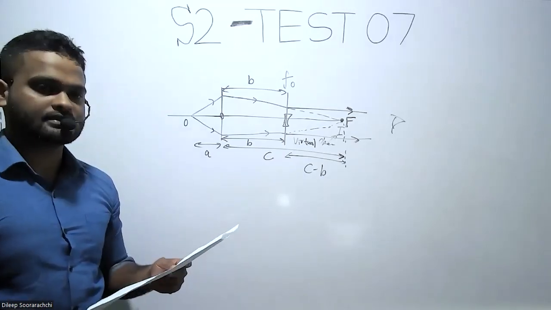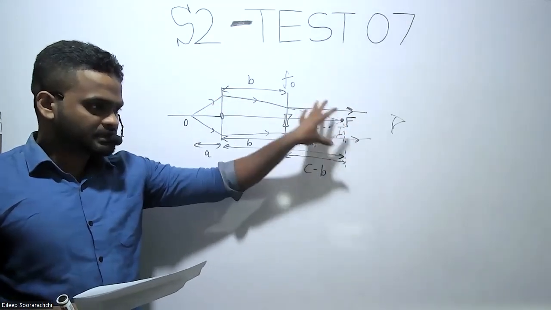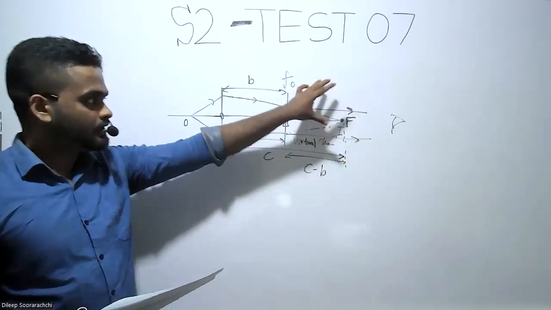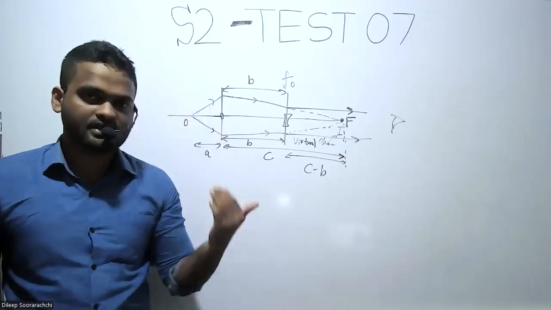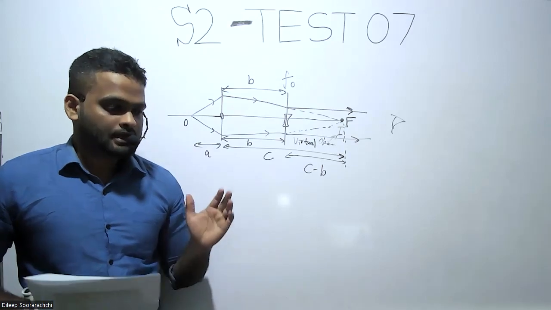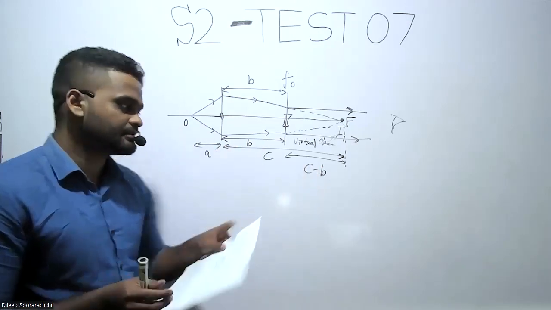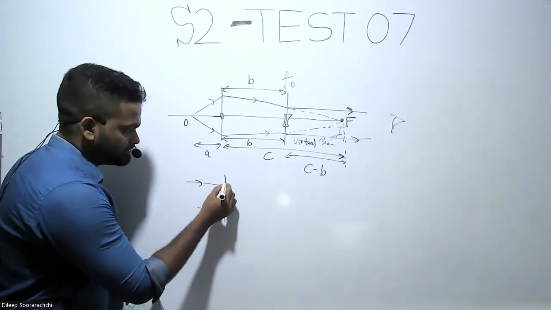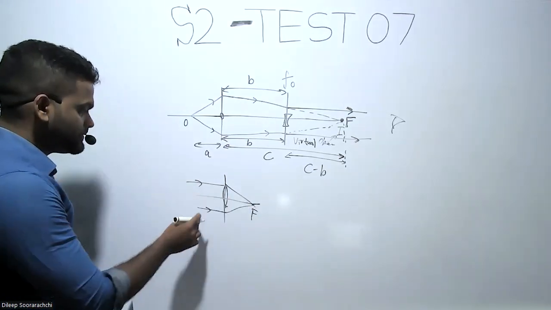The key point here is that many students don't understand that whenever emerging rays from a lens are parallel, the object is always at the focus. This is learned in theory notes. In some cases, incident rays can be parallel. Students know this one: when incident rays are parallel, the image is always formed at the focus.